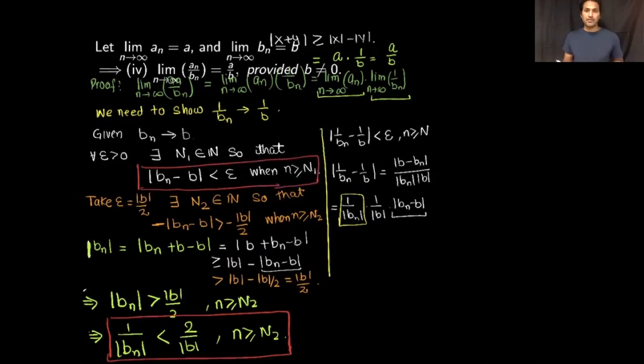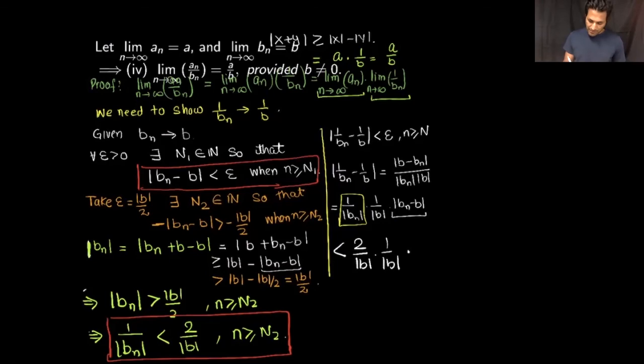Now let's go back to our scratch work again. As you can see in this scratch work, I have 1 over |bn| strictly less than 2 over the absolute value of b. This is just 1 over b.